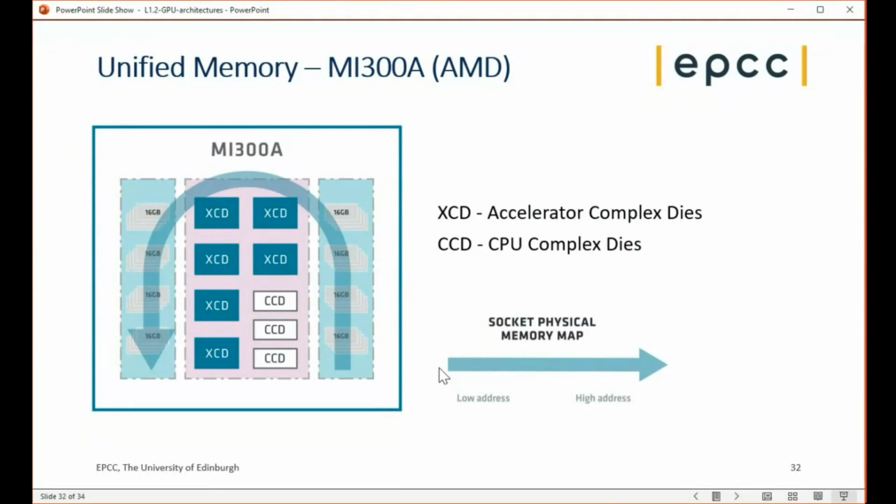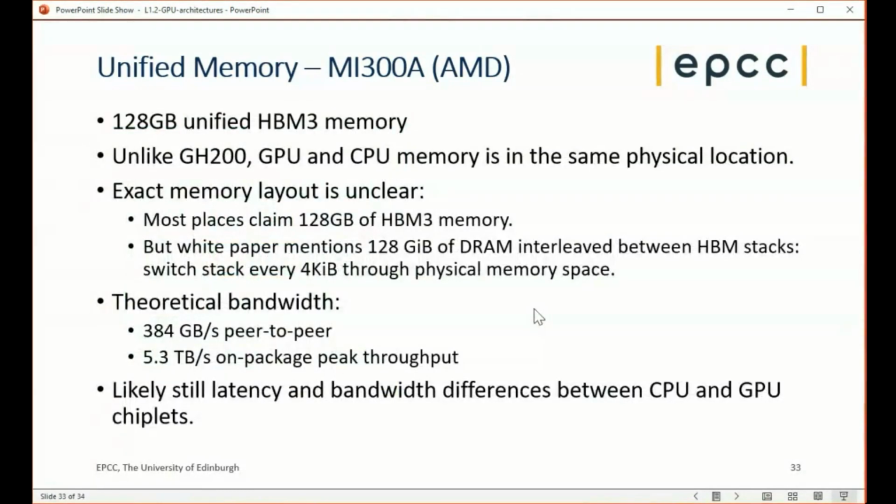The most recent AMD architectures have genuinely unified memory. There's a single physical block of memory that the CPU and the GPU can access, which hopefully will make things much simpler going forward. Just for example, a very modern AMD might have 128 gigabytes of memory, but it's in the same physical location.